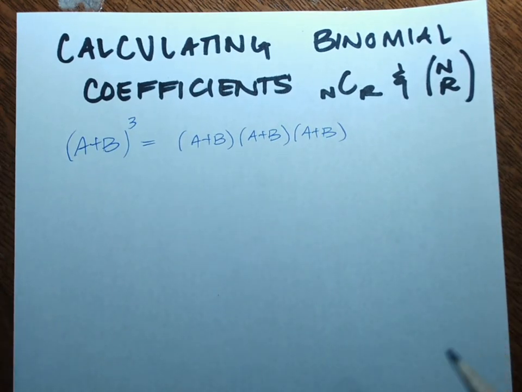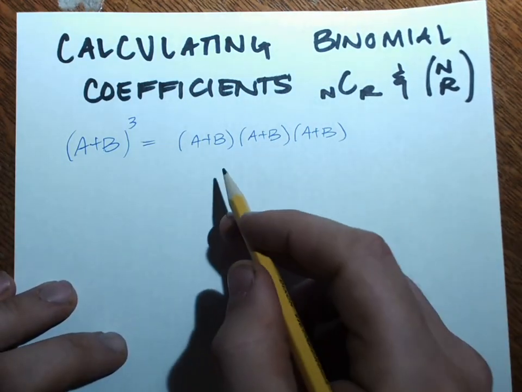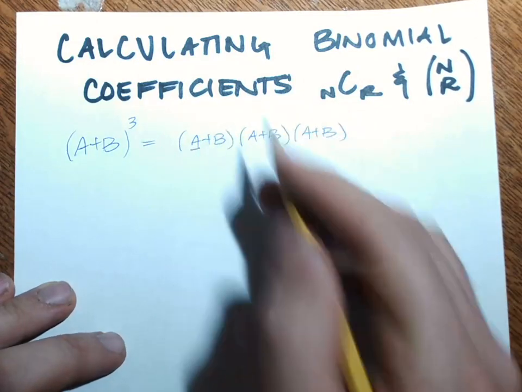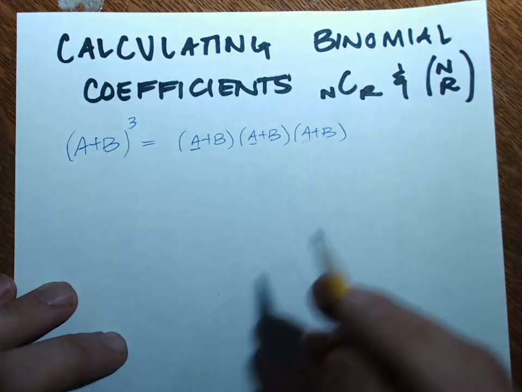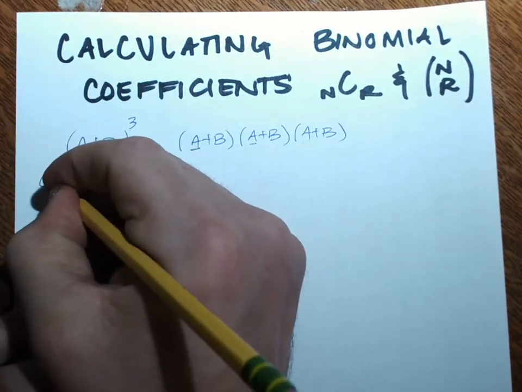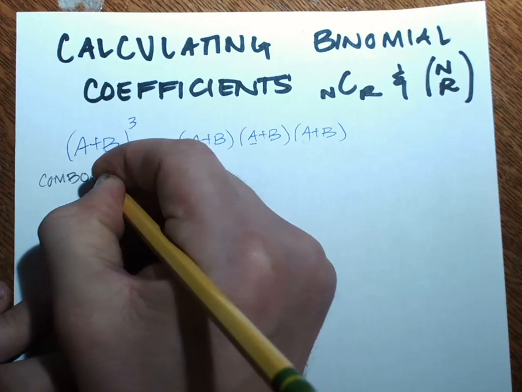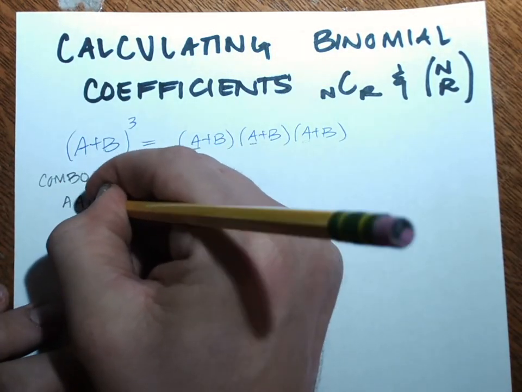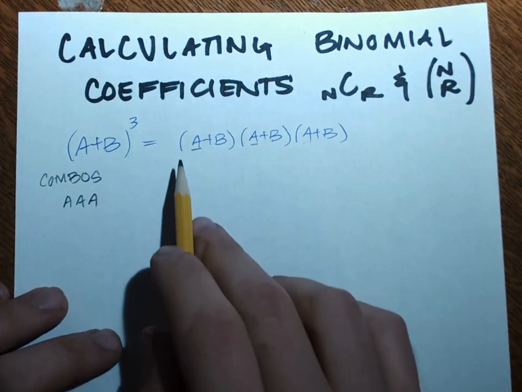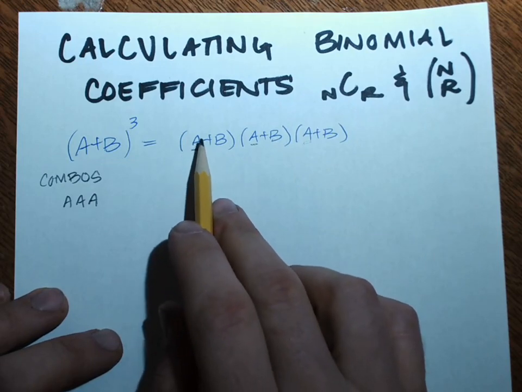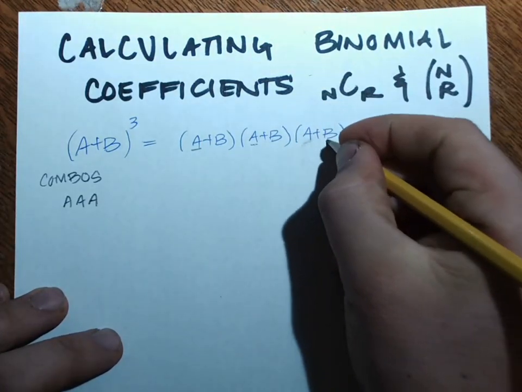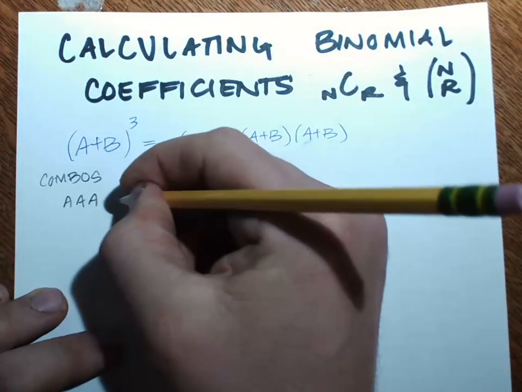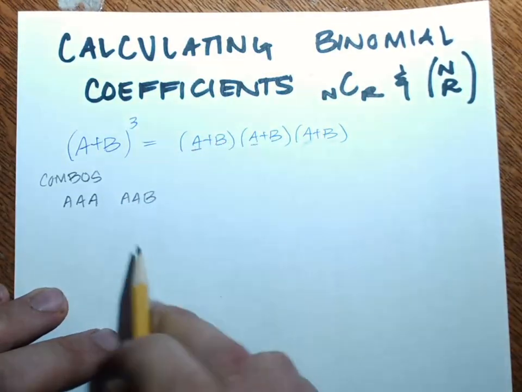And rather than using the box method, I'm going to take a different approach to multiplying it, and that is to consider the combinations. So at one point in the multiplication, this A multiplies that A, multiplies that A, and I'm going to list that as the combo, A times A times A. And then there's another circumstance whereby the A multiplies the A and then multiplies the B instead, AAB.